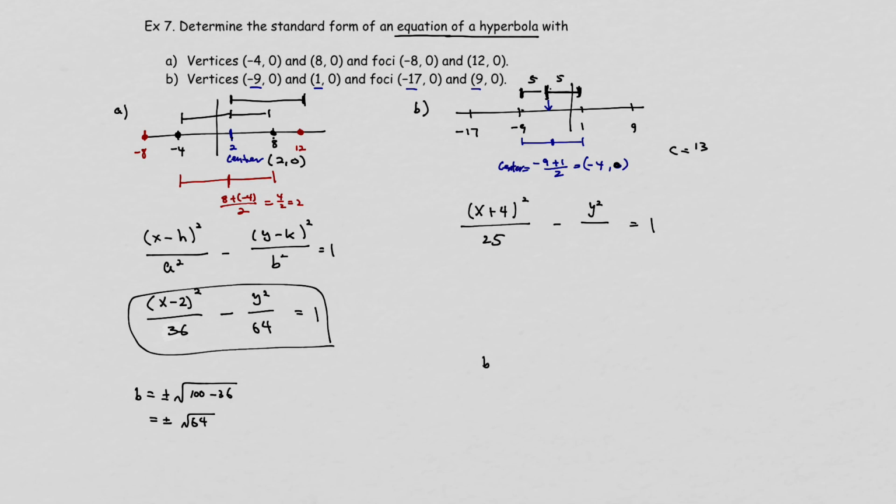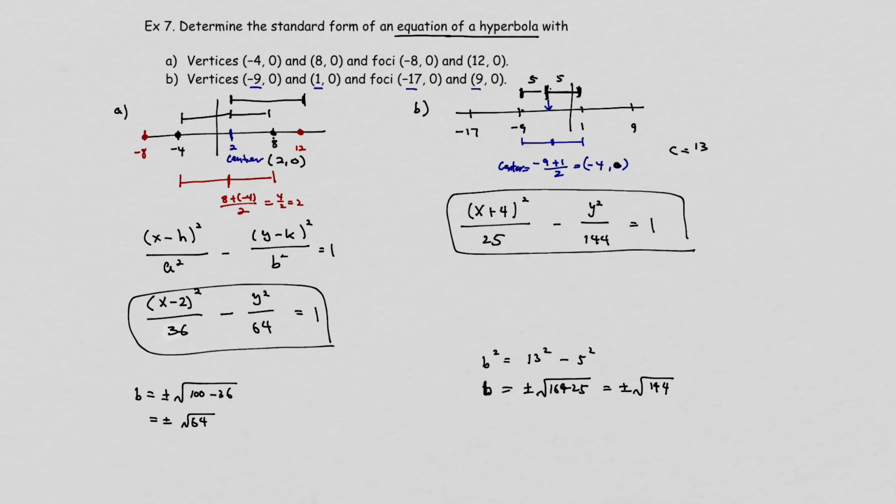Your b squared is c squared minus a squared. So b is plus minus square root of 169 minus 25. That's plus minus square root of 144. So here it will be 144 when you square it. So that's going to be the solution for B.